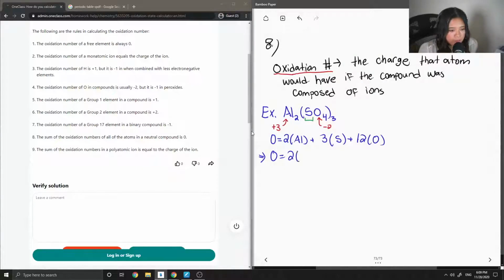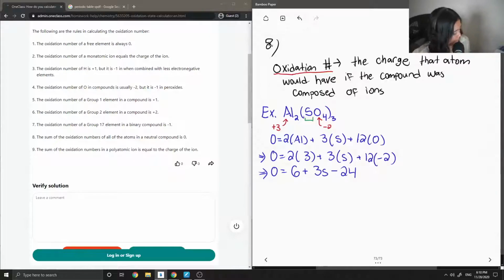There are 2 atoms of aluminum plus 3. Okay, that's clear. And we're looking for S. And it's going to be 12 times -2. So it's going to be 6 plus 3S minus 24. And now we just solve for S.